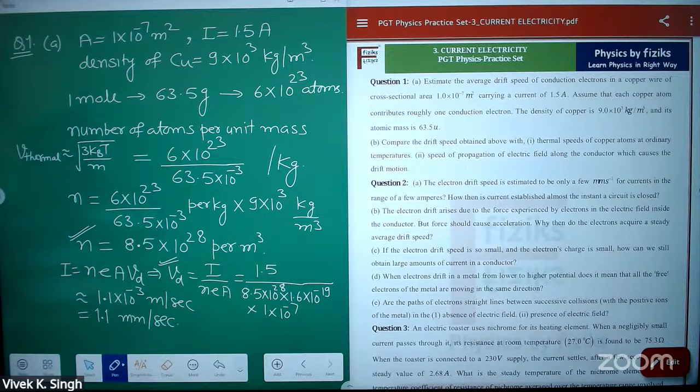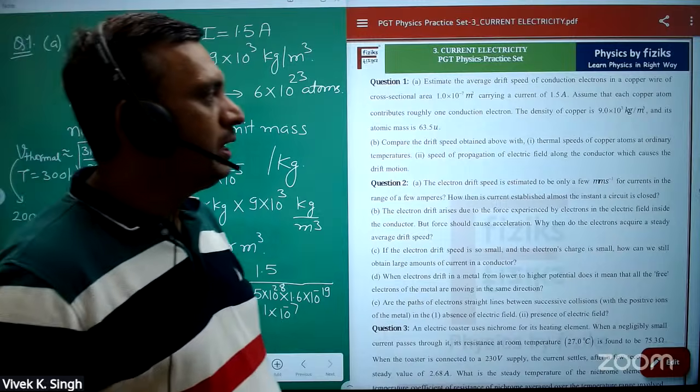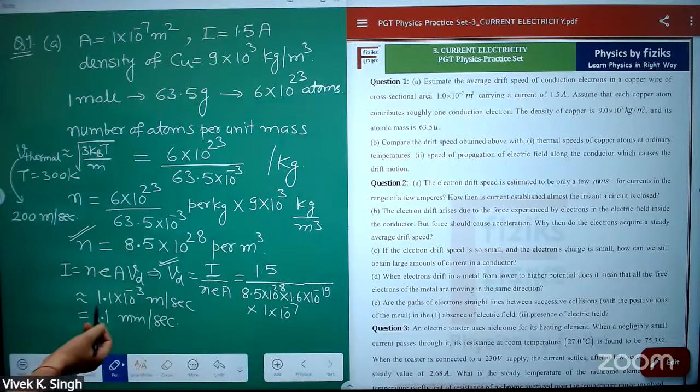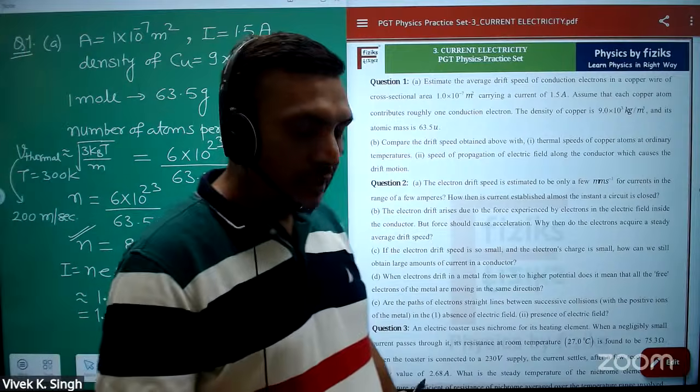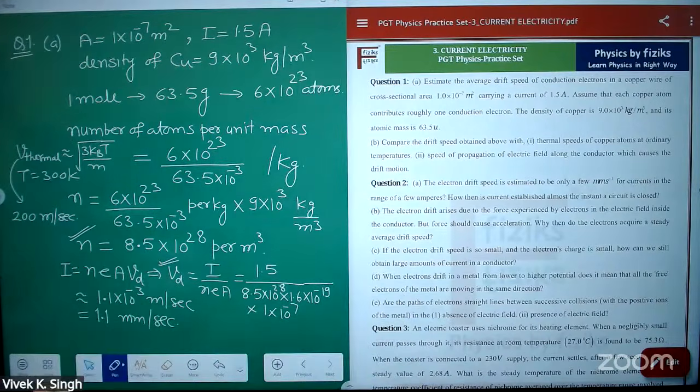If you calculate this value at room temperature, T equal to 300 Kelvin, it is of the order of 200 meter per second, which is very high. But the drift speed is very small, although their random thermal speed is very high.